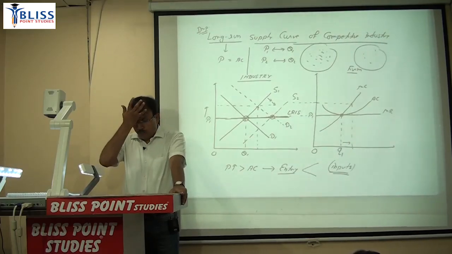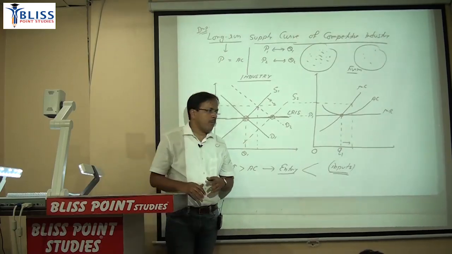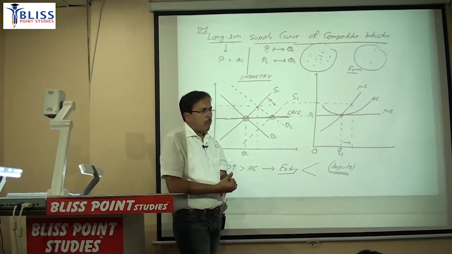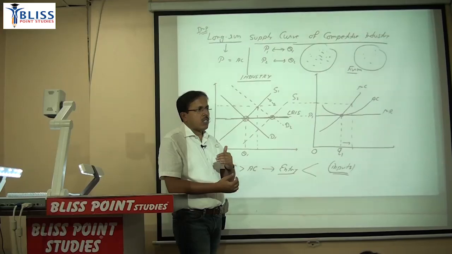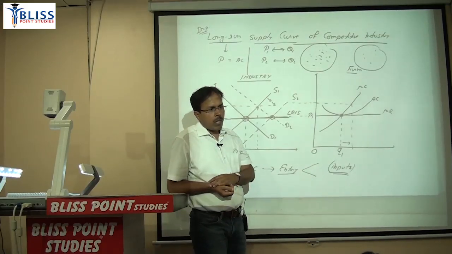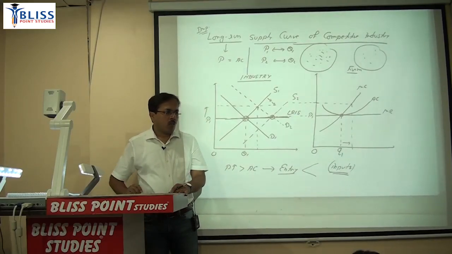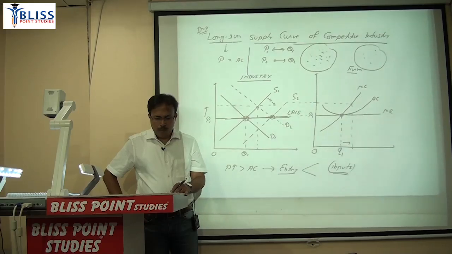As new firms enter into the market, demand for input increases. But under the constant cost industry assumption, price of input remains the same, so that average cost curve does not shift.